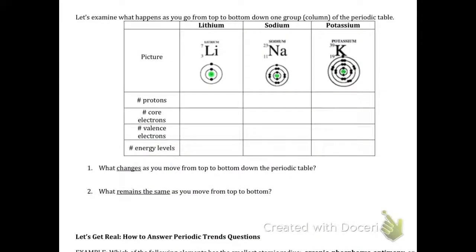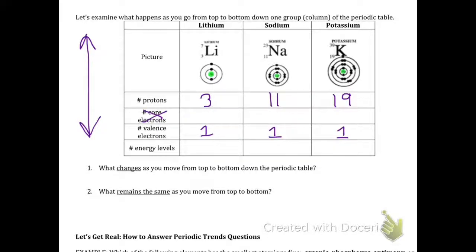So what happens when we go from top to bottom? Here we have lithium, sodium, and potassium, going up and down a column. If we look here, we are going to notice that there are 3 protons with lithium, 11 for sodium, and 19 for potassium. I'm going to skip the core electrons. Because they're all in the first column, they all have 1 valence electron.